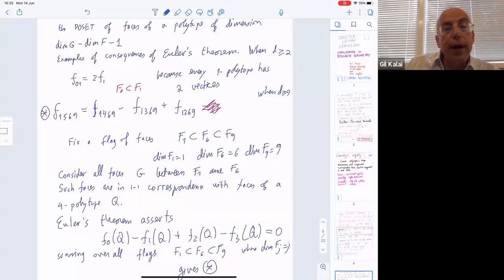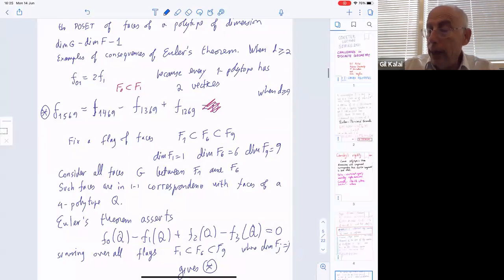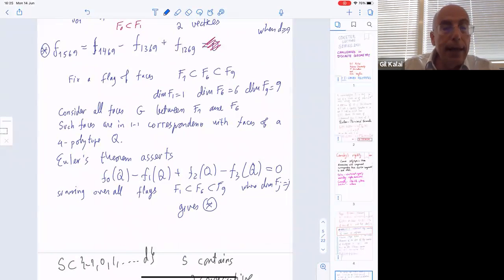Those faces G between F1 and F6 are in one-to-one correspondence with faces of a 4-dimensional polytope Q. And the Euler relation asserts that f0 of Q minus f1 of Q plus f2 of Q minus f3 of Q is equal to 0.